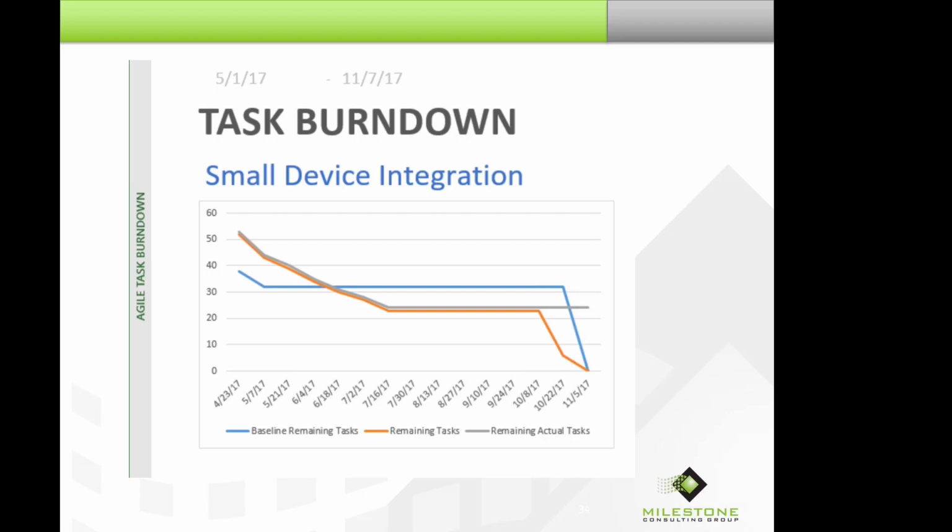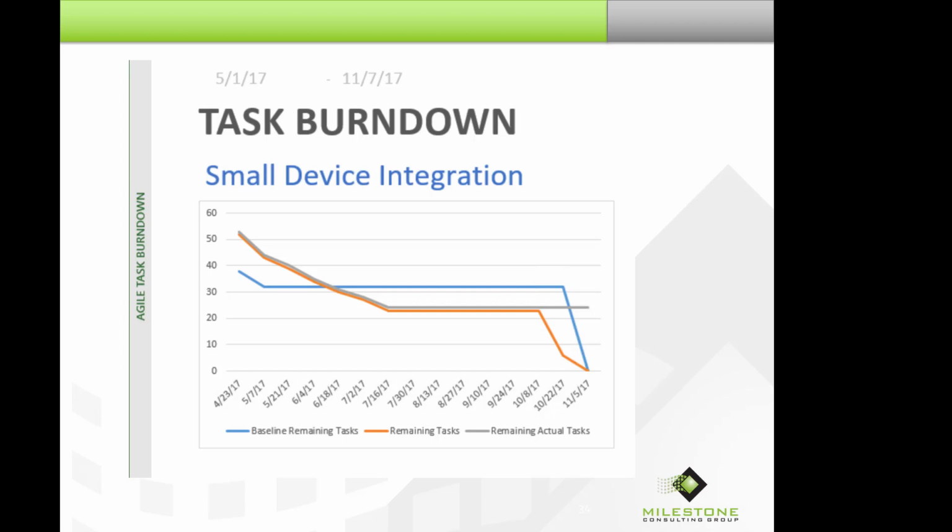Using Project 2013 or 2016, there's a built-in report called a task burndown. It's not a story point burndown. If you really wanted a story point burndown, you could track completed story points and then export that information to Excel.